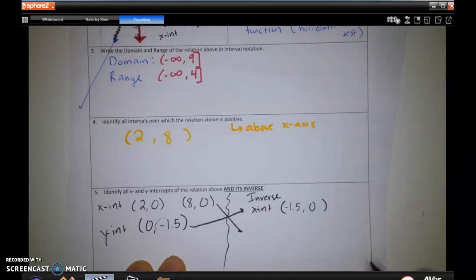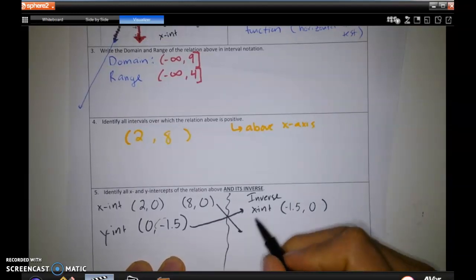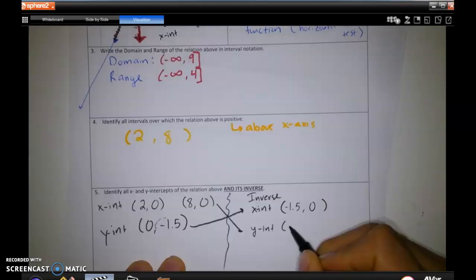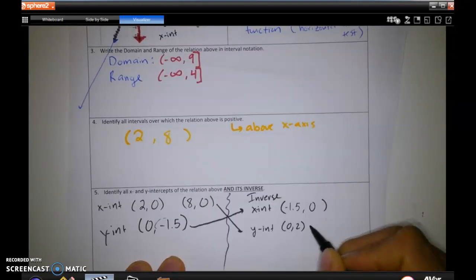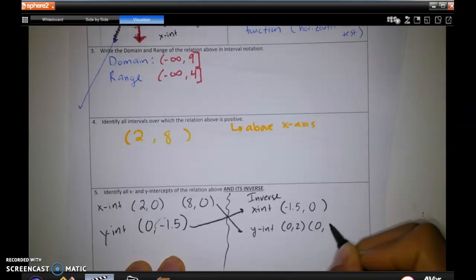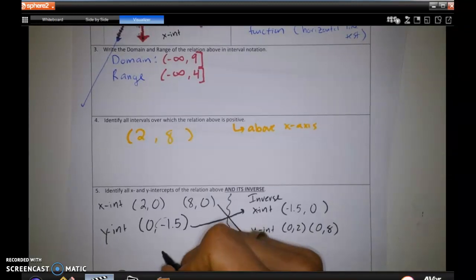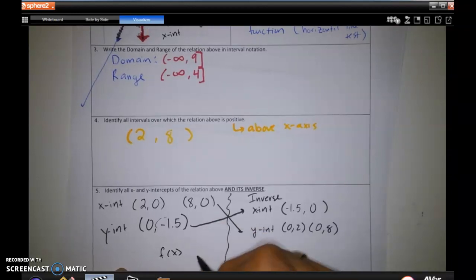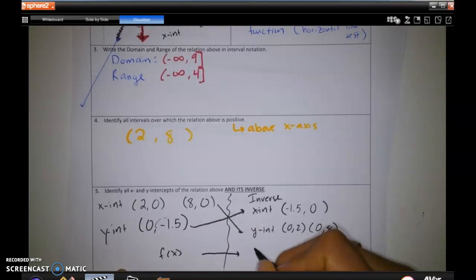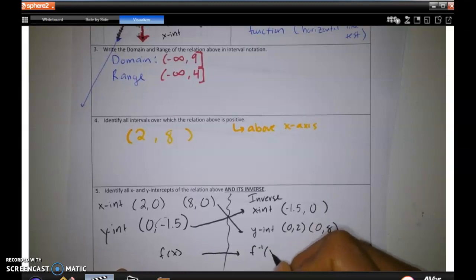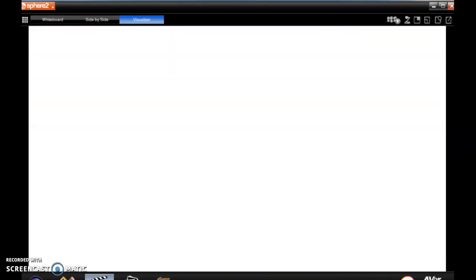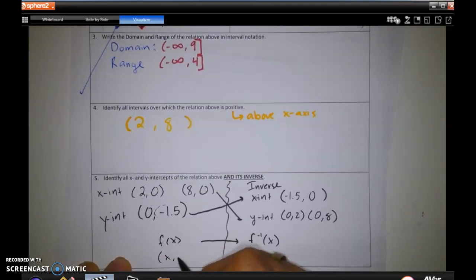(-1.5, 0). And then for our y-intercepts, it becomes (0, 2) and (0, 8). Remember, guys, one of the key things about inverses is if you're going from an original function f of x to its inverse, which we write out as f inverse of x, you're switching x and y.